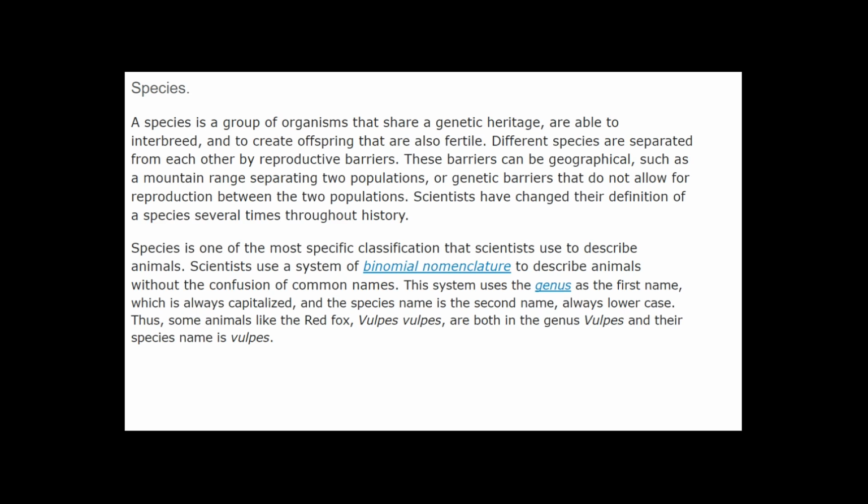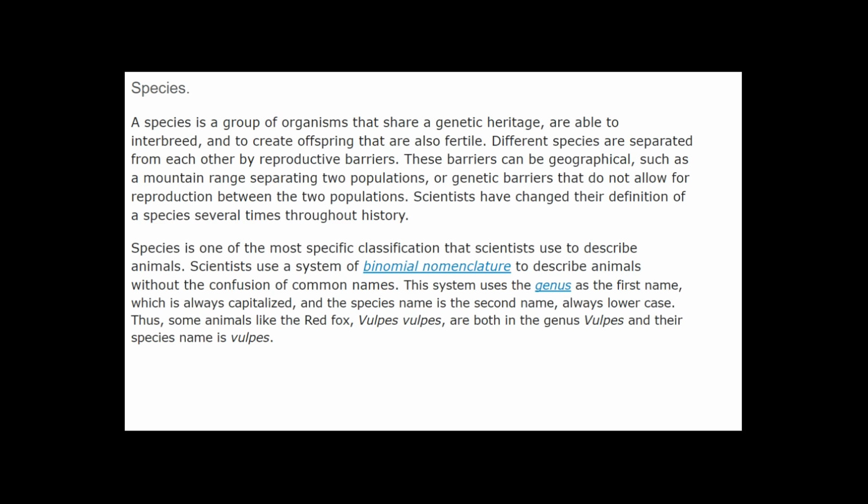So, species is one of the most specific classification systems that scientists use to describe animals and plants for that matter. Scientists use a system of binomial nomenclature. Binomial means two names, to describe animals without the confusion of common names. The point about common names is people might use different common names in different places.